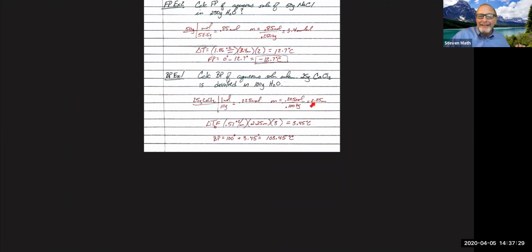That molality is 2.25. Plug that in. Use the Kb, 0.51, a constant given to you in the problem, and it's going to split into 3 particles. My temperature change is 3.45, and that's how much it increases from 100 degrees Celsius.